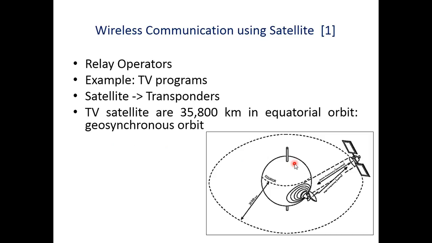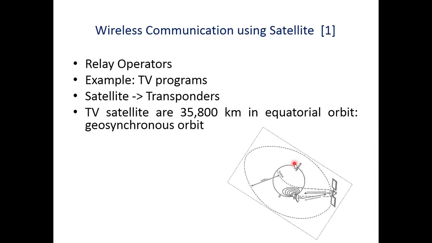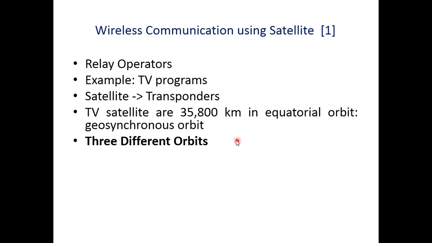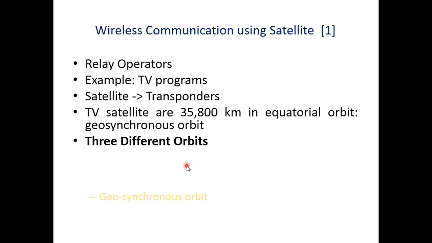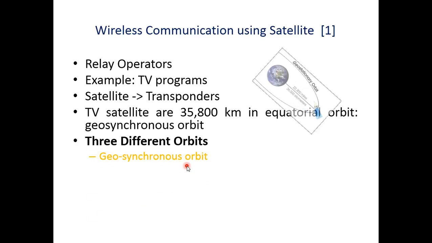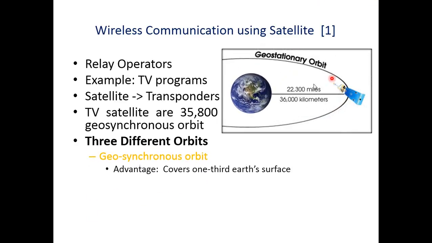Those are available 35,800 kilometers from the Earth. Now let's put more light on it. Basically there are three different orbits. First one is the geosynchronous orbit. We recently discussed it, it is about 36,000 to 38,000 kilometers from the Earth.